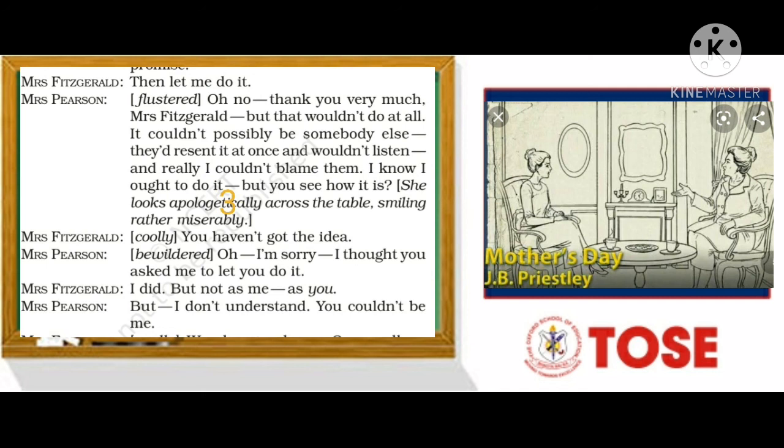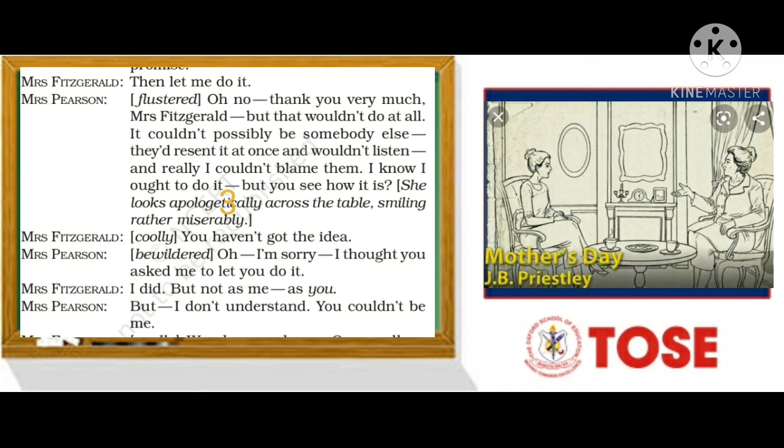Mrs. Pearson, bewildered: I'm sorry, I thought you were asking me to let you do that work. Mrs. Fitzgerald: Yes, I did, but not as me, as you, Mrs. Pearson. Mrs. Pearson: But I don't understand, you couldn't be me.